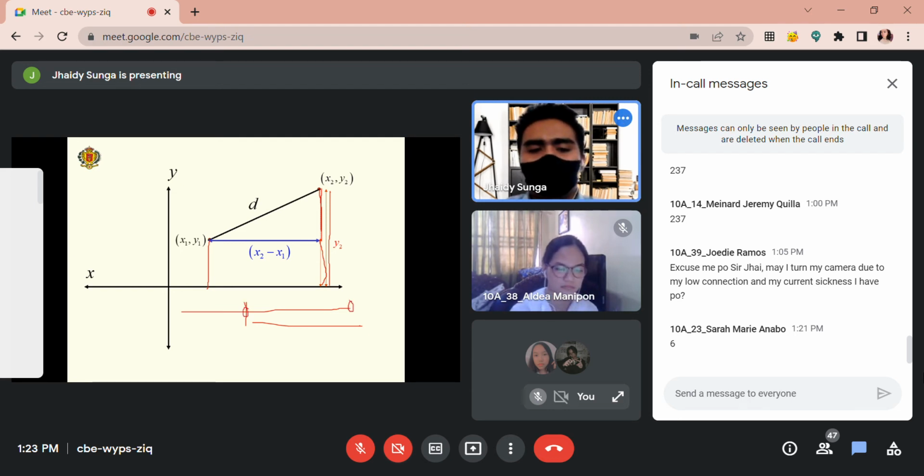Alright, so from this is the origin. If you have given point 1, this is point 1, then this is point 2. So if you are asked to find what is the value between 1 and 2, what you are going to do is 2 minus 1, right?